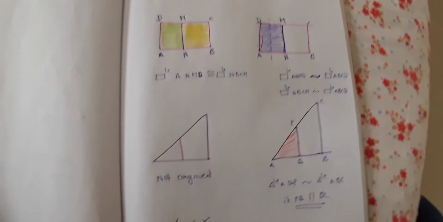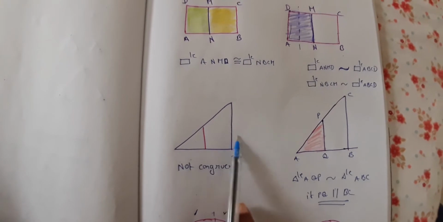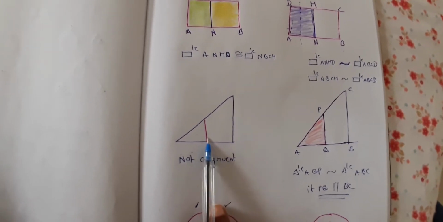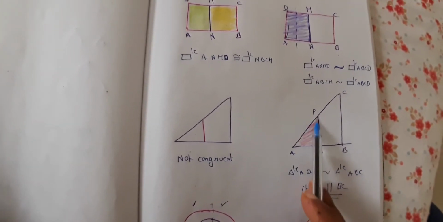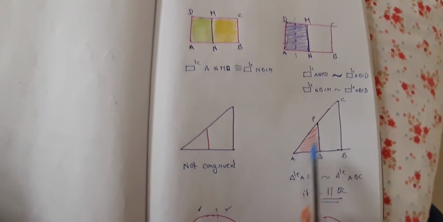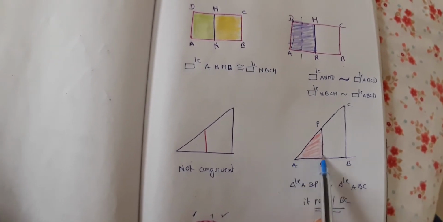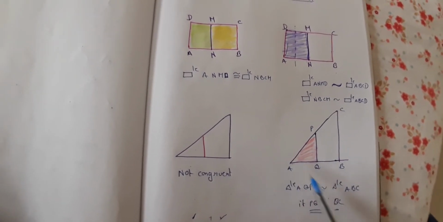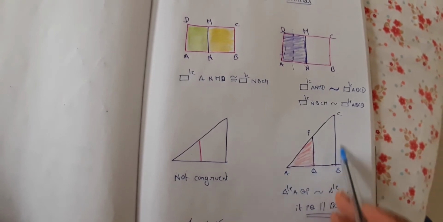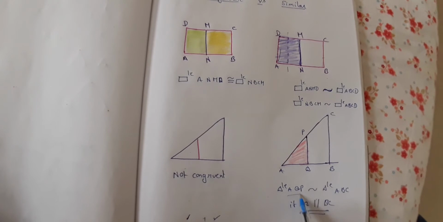Now let us see another example. If I take a triangle, I am drawing a line parallel to the height of the triangle here. Here also I am drawing a line parallel to the height. So what is happening here? You get a smaller triangle similar to the shape of the bigger one. The bigger one is triangle ABC, and AQP is the smaller triangle.